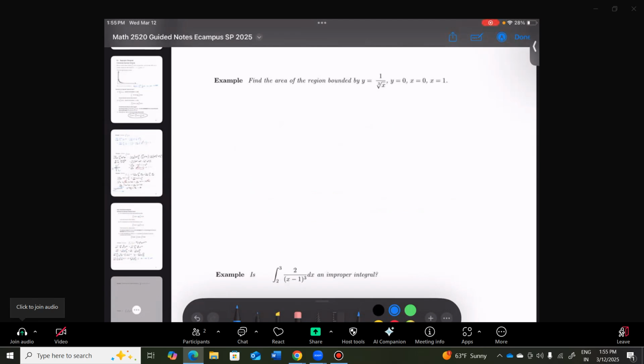So now let's say we want to find the area of a region bounded by y equals 1 over the cube root of x, y equals 0, x equals 0, and x equals 1. So let's graph this. So 0 to 1.